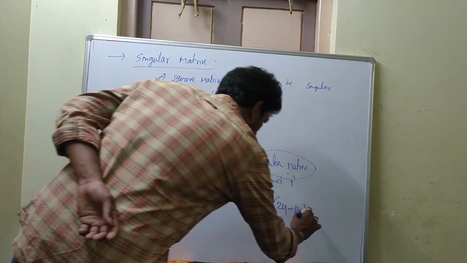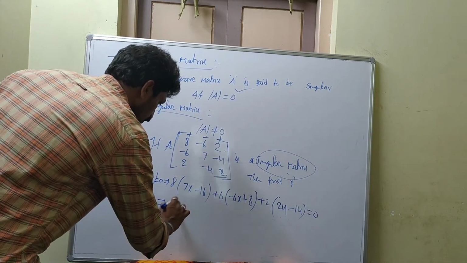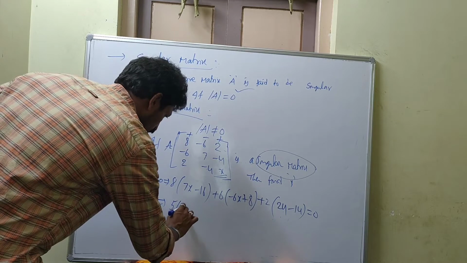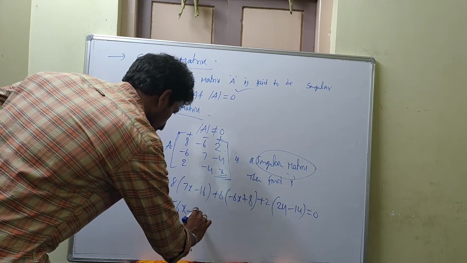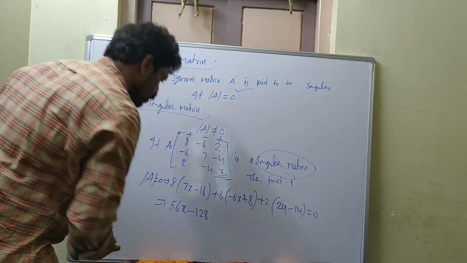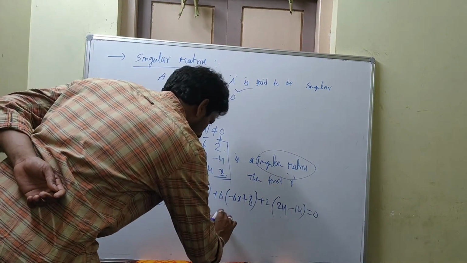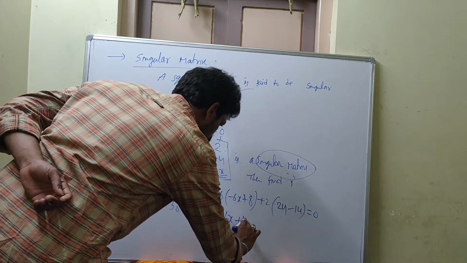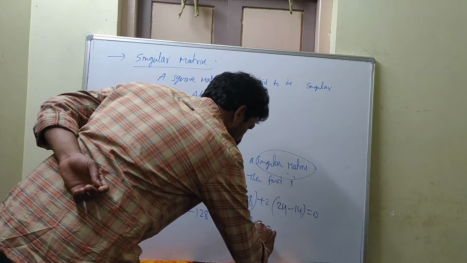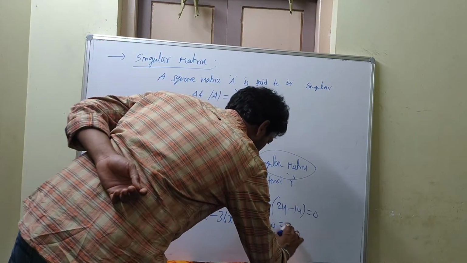This means this is equal to 0. So what can you say here? 8 7s are 56x, minus 128, 16 8s are 128, minus 6 6s are 36x, plus 48 plus 24 minus 14, 10, 10 2s are 20, is equal to 0.